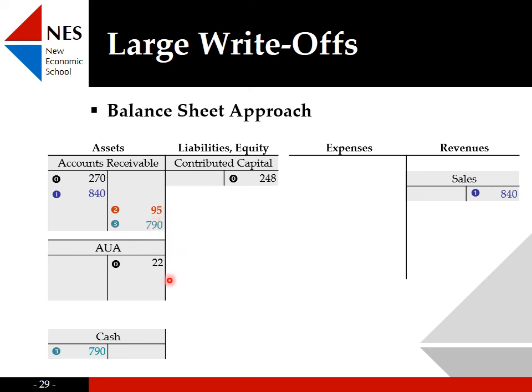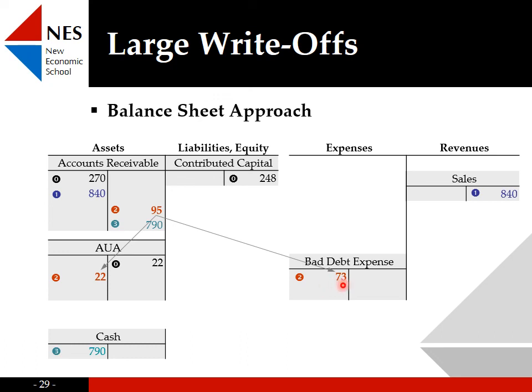We only have allowance worth 22, so we write off 22 against the allowance, we bring the allowance to 0, and the rest will be recorded as an expense in the income statement. So 95 minus 22 is 73.